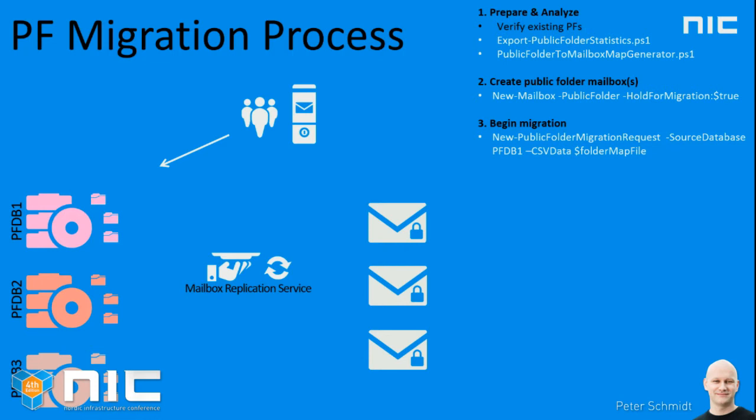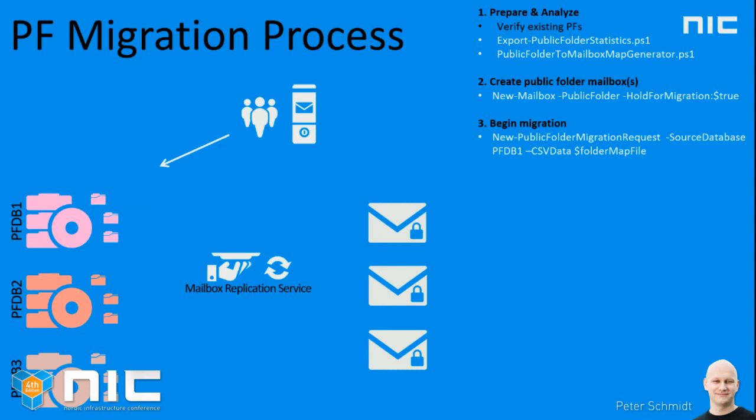Next up, we start the migration request. It's the same way as you do a move mailbox request within Exchange, actually. Now you just tell the Exchange that you have a migration batch of public folders that you need to get moved from a legacy system to Exchange 2013 or Exchange Online. And you specify the source of all this.